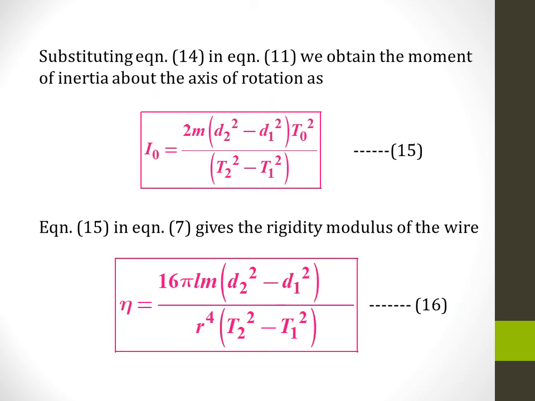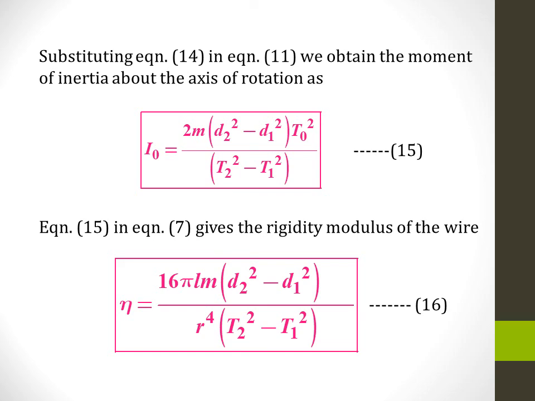In order to obtain the end result, we substitute equation 14 in equation 11 and we obtain the moment of inertia about the axis of rotation as I0 equals 2m d2 square minus d1 square times T0 square divided by T2 square minus T1 square. This we represent as equation 15.